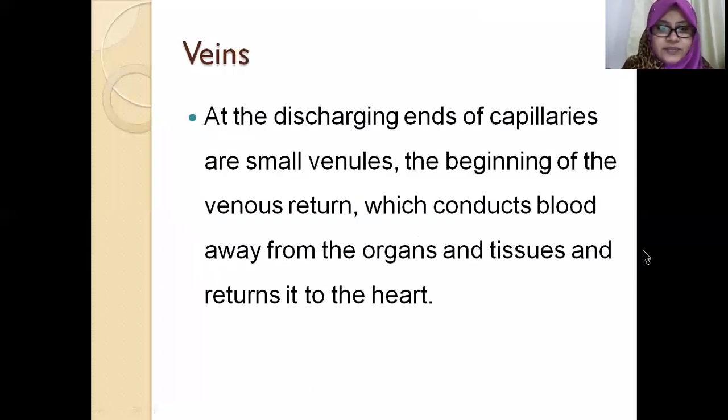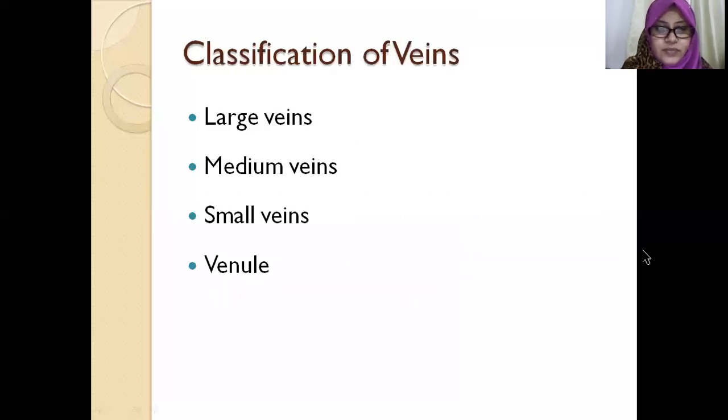Now, veins. At the discharging ends of capillaries are small venules, the beginning of the venous return, which conducts blood away from the organs and tissues and returns it to the heart. Classification of veins: veins may be classified as large veins, medium veins, small veins, and venules.